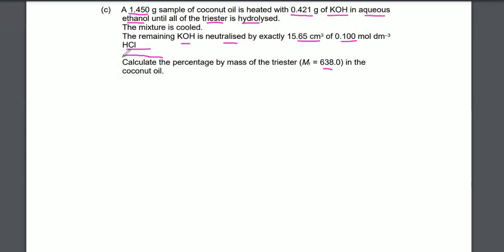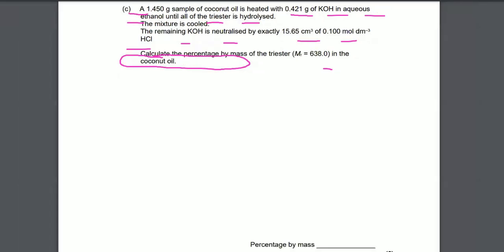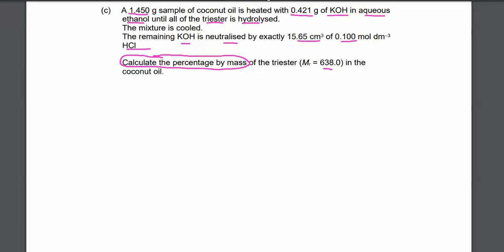So we're going to hydrolyze all of the triester in the coconut oil. The mixture is then cooled. The remaining KOH, some of the KOH is left, obviously, that must be excess, is then neutralized by exactly 15.65 cm³ of 0.1 mol per dm³ hydrochloric acid. Just flick down to show it's the 6 marker. Calculate the percentage by mass of the triester in the coconut oil.